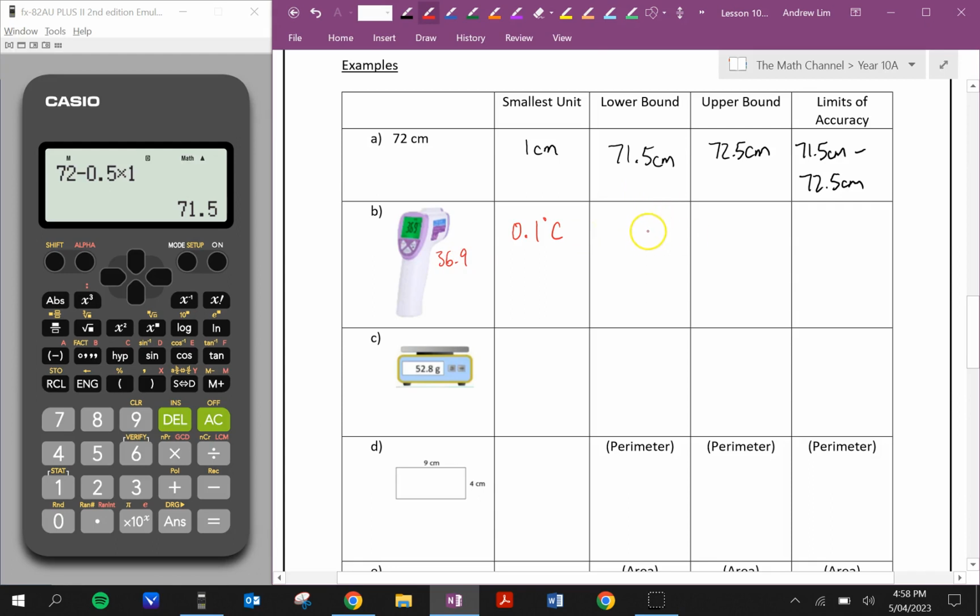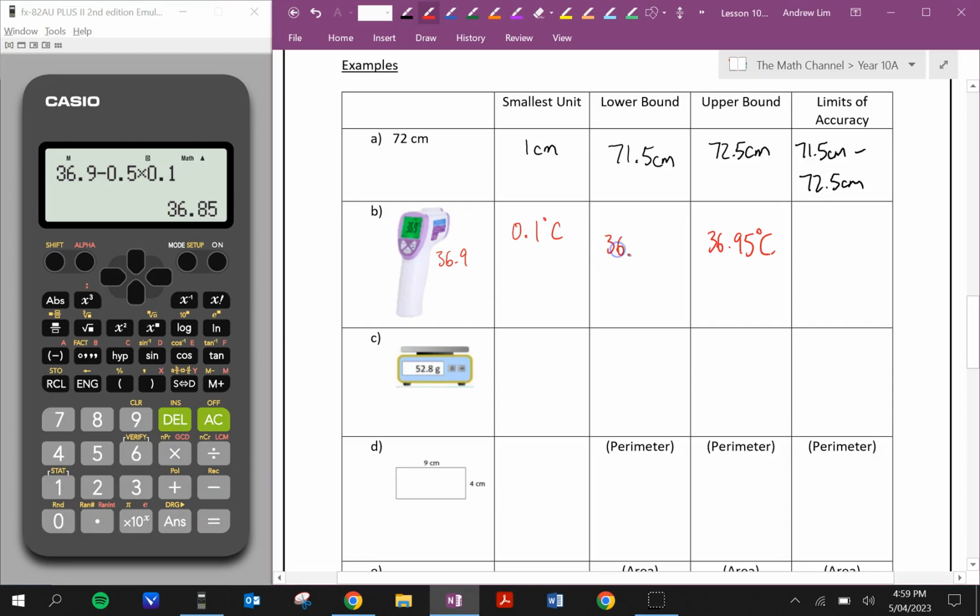So the upper bound is the measurement plus half of the smallest unit, 0.1, which is 36.95. The lower bound is the measurement minus half of the smallest unit, 36.85.